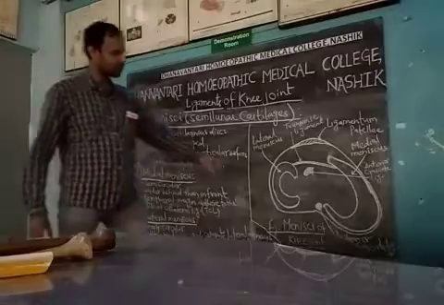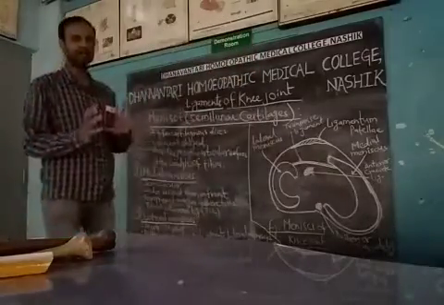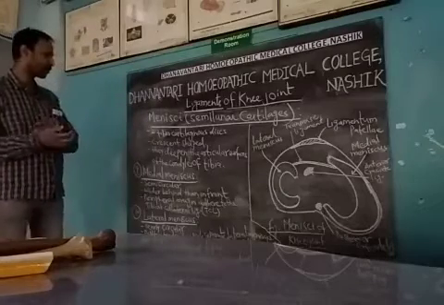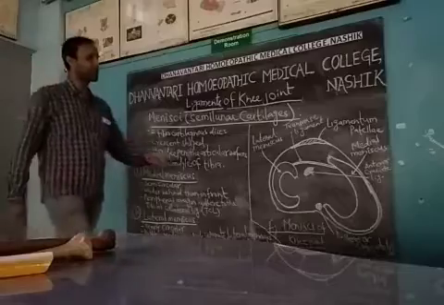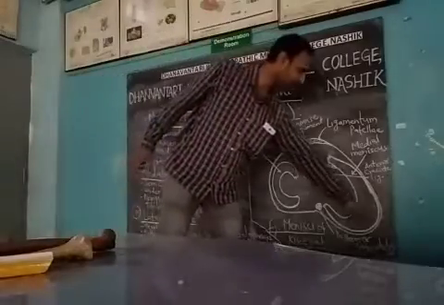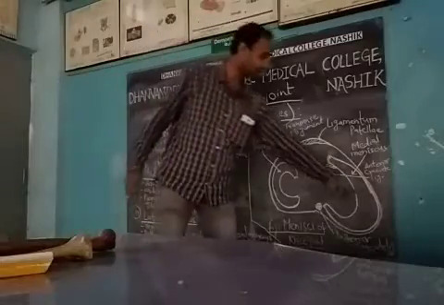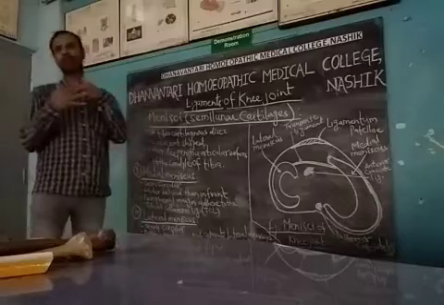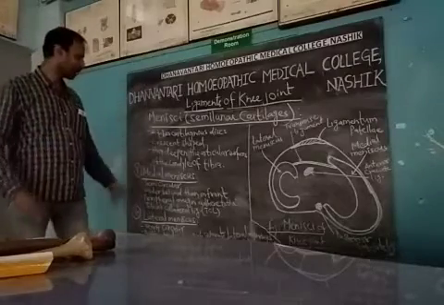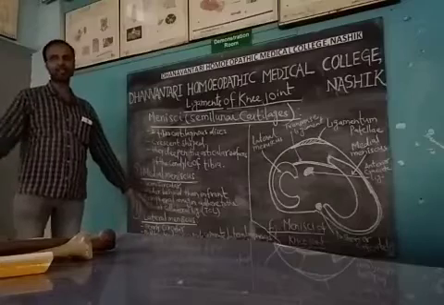Second, it is wider on the posterior than on the anterior part. So this cartilage is wider behind, on the posterior side, than in the front. Then its peripheral margin, as we have seen with the medial collateral ligament, is attached to it. The medial collateral ligament is also called the tibial collateral ligament.